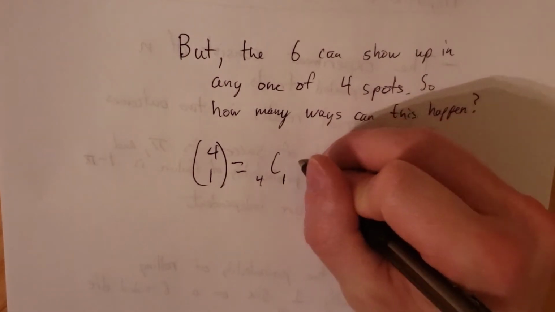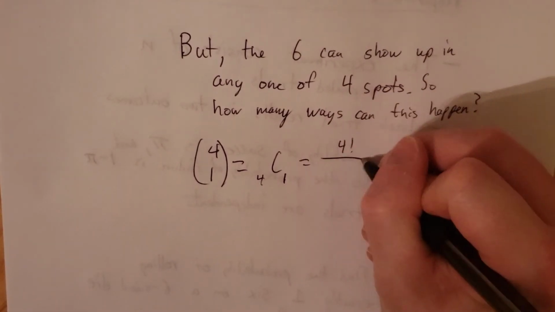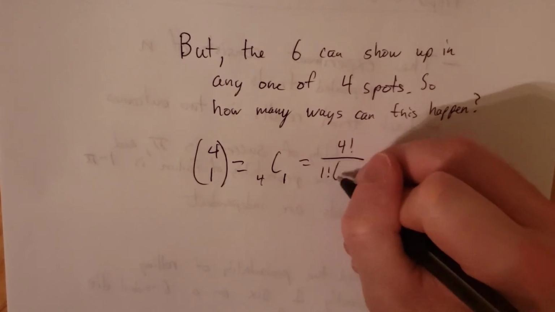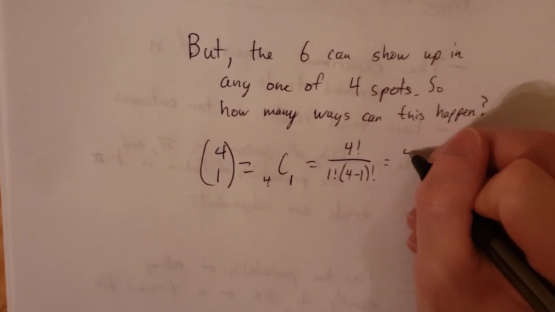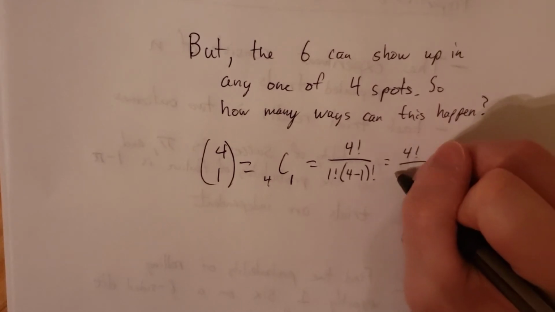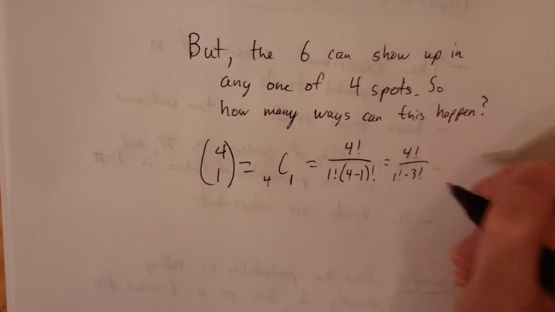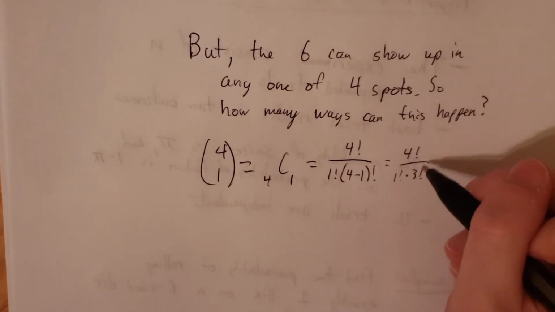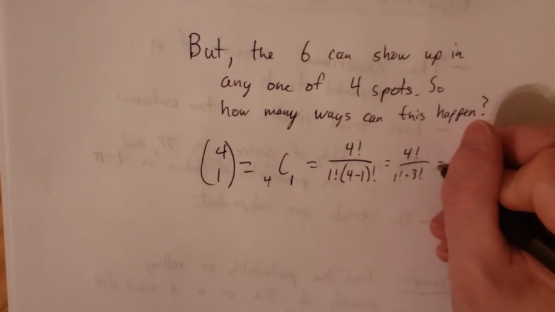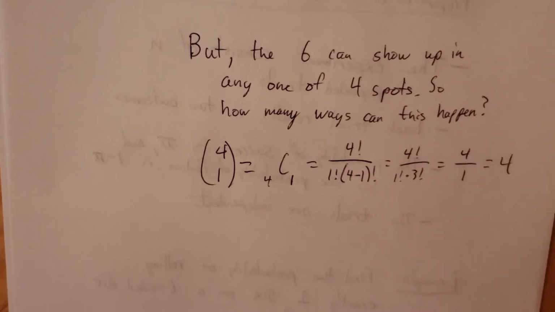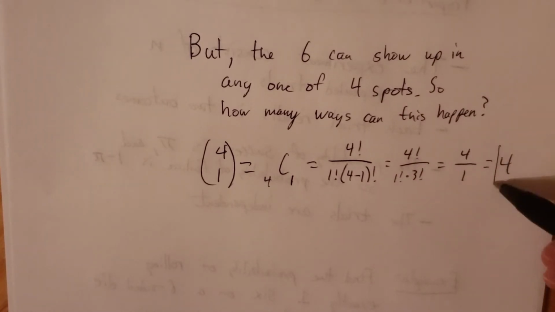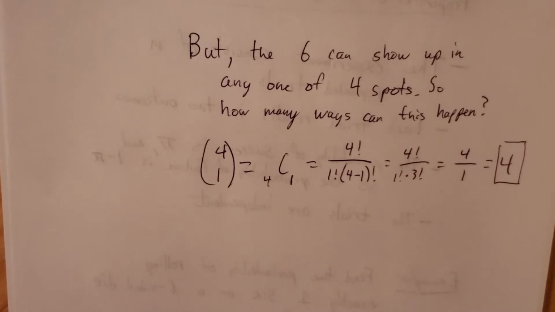Well, that was 4 factorial over 1 factorial times 4 minus 1 factorial, which is 4 factorial over 1 factorial times 3 factorial. 4 factorial divided by 3 factorial just leaves us with 4. 1 factorial is 1, so this is 4, which matches up exactly what we said earlier, right? When we just counted and we said that that would be 4 times.